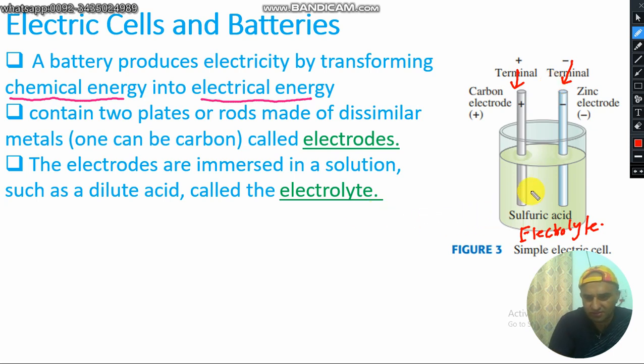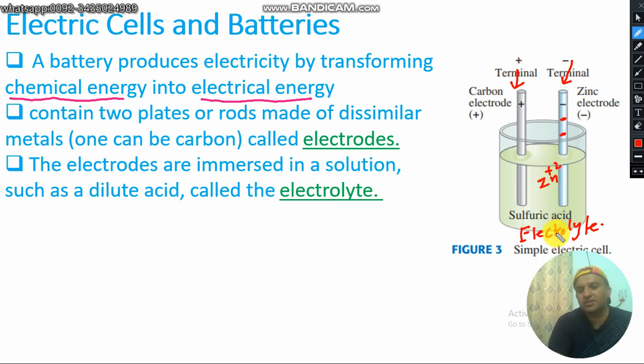For example, with the zinc electrode, the sulfuric acid dissolves the zinc. Zinc loses two electrons, which are left deposited on the plate, and the zinc becomes Zn plus 2, which dissolves in the sulfuric acid.